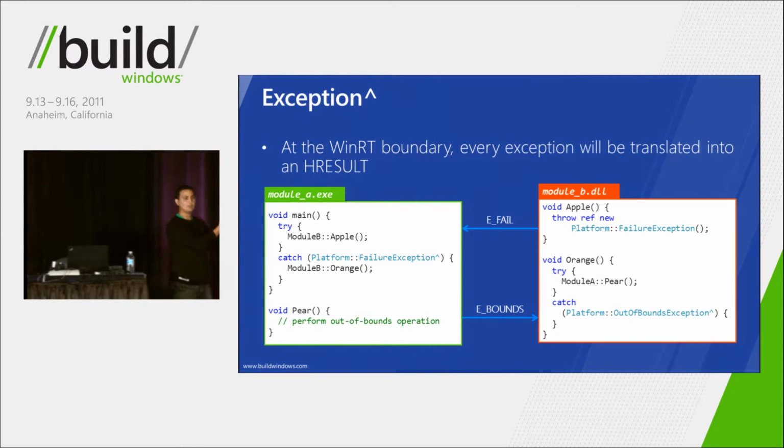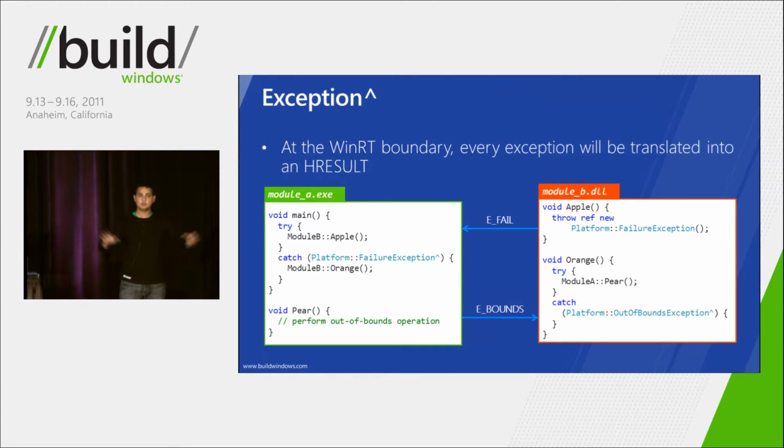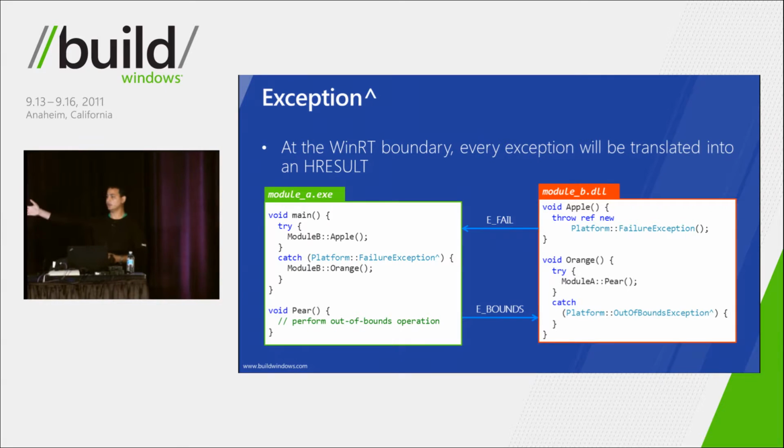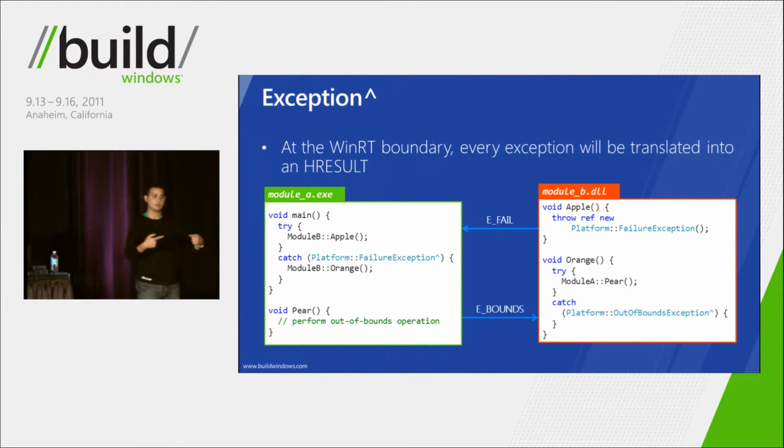Right, so this is basically what's happening across modules. Think about the red and the green as two different modules, and they call each other. On one side, you're calling the function apple, and that throws a failure exception. What gets thrown across the module boundary is actually an HRESULT of E_FAIL.